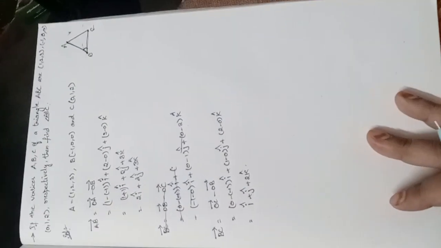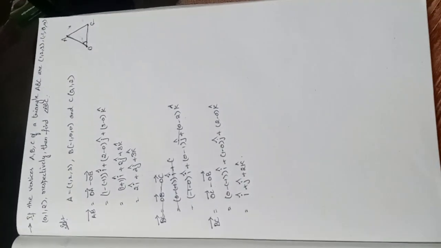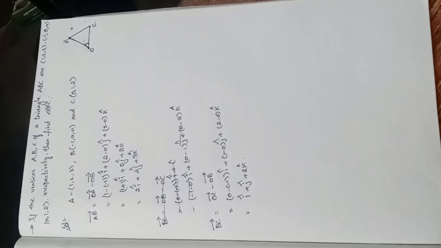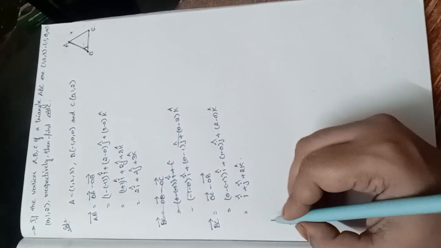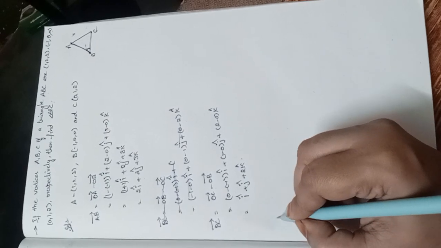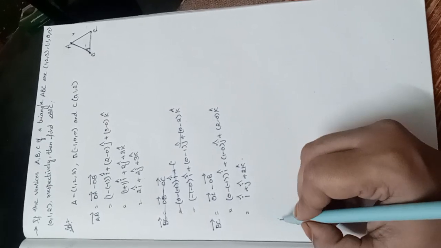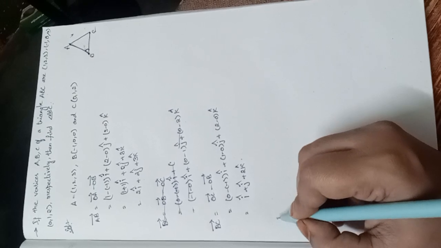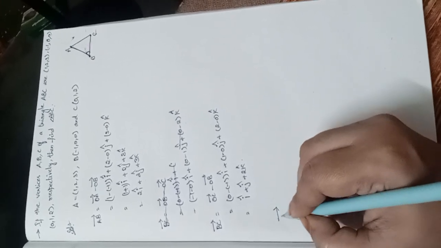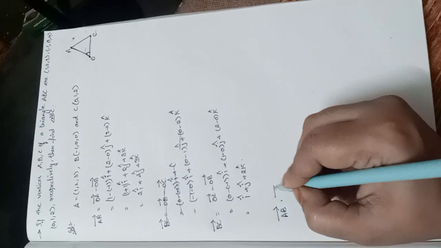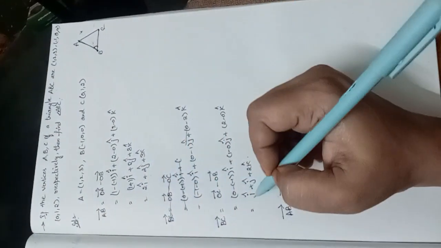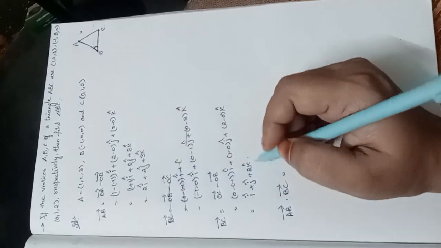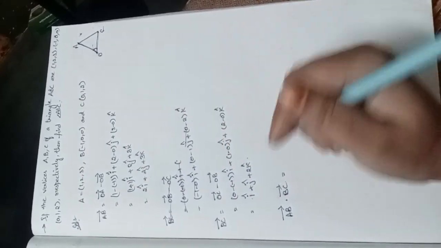Okay, so we found the vectors AB and BC. For the dot product, before the formula for the angle, we have to take the dot product AB dot BC. How to find that? Just multiply the I, J, K coefficients of both vectors and add them.